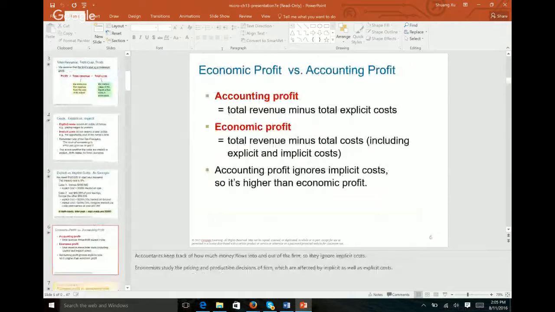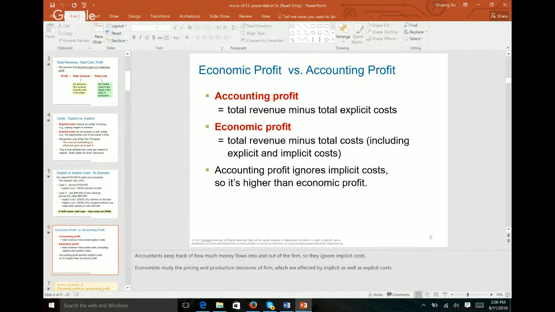All right, this is important too. So know the difference between your accounting profit and economic profit. Accounting profit is your total revenue minus your explicit cost, so all the cash you pay out. Your economic profit is your total revenue minus your total cost, which includes both the explicit and implicit cost.